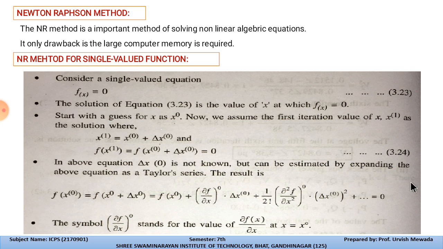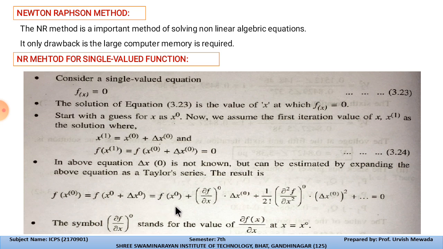So the result is found to be the series listed below. This is the equation for which we are writing the Taylor series: f of x raised to 0 plus del f by del x raised to 0 into delta x raised to 0 plus 1 upon 2 factorial del square f by del x square raised to 0 into delta x raised to 0 square.